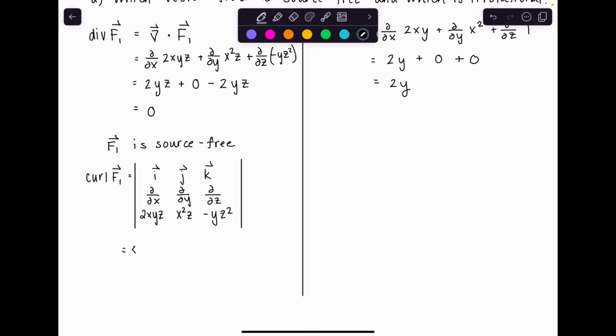So this one, I'm just going to directly take the partial derivative so I don't have to write everything out again. So in my first component, we strike out. Then going through each of these, I'm going to take the partial with respect to y, which is negative z squared, and subtract the partial with respect to z, so that is minus x squared.